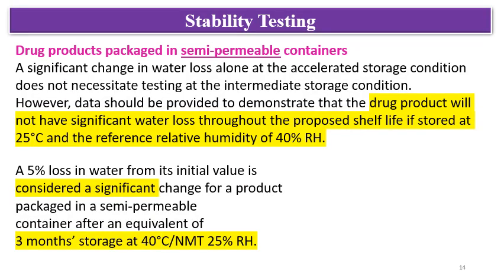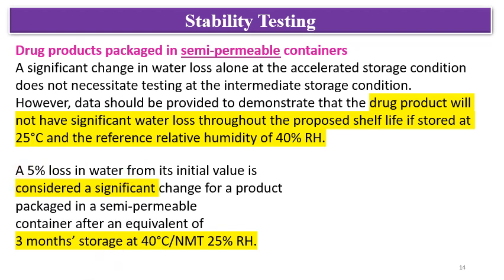Then drug products packaged in semi-permeable containers. A significant change in water loss at the accelerated condition cannot be considered as significant, and it does not necessitate testing at the intermediate storage condition. However, data should be provided to demonstrate that the drug product will not have significant water loss throughout the proposed shelf life if stored at 25 degrees Celsius and a reference relative humidity of 40% RH.